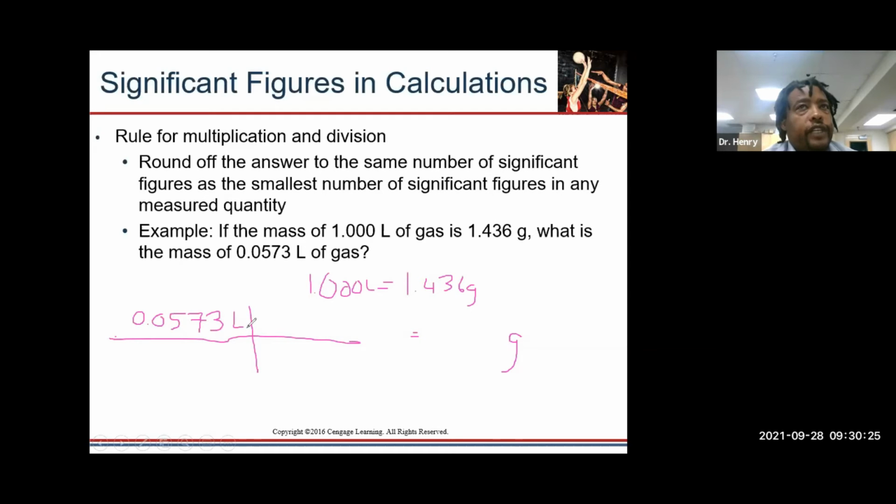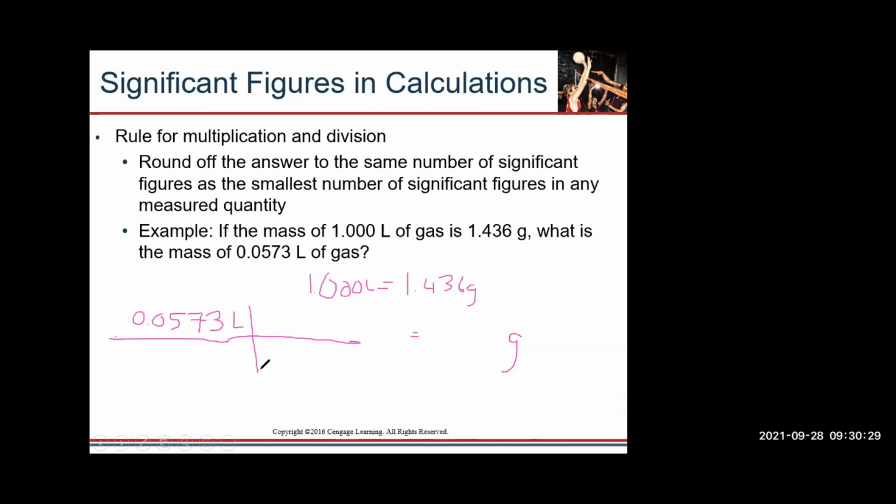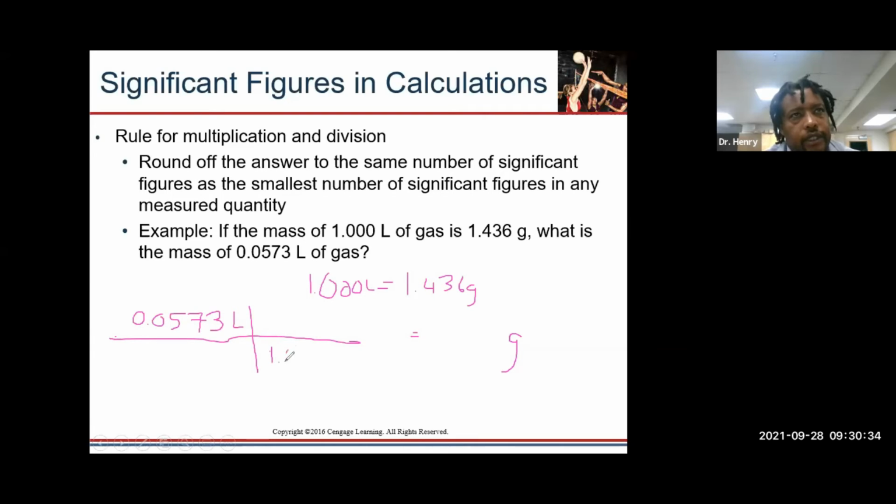So if I want to get rid of liters and I want to get to grams, where does liters need to be? On the bottom to cancel out. Okay, so that's 1.000 liters, and we'd have grams on top.